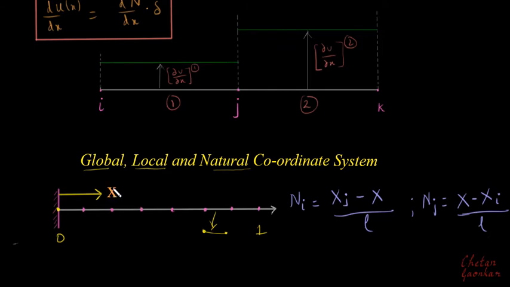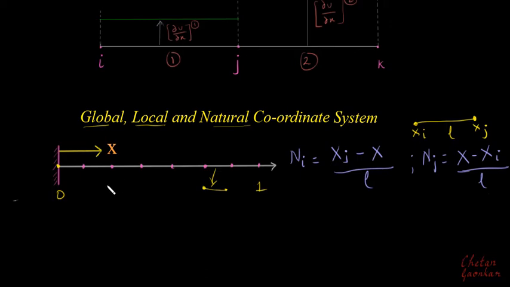And for the global coordinate system, the shape functions are given as follows, which we derived last time: ni will be xj minus capital X divided by xj minus xi, which comes to L. If I take this typical element from the entire domain and name the coordinates xi and xj, then the length is L, and xj minus xi will be L. Similarly nj we got as x minus xi by L, where x is any coordinate from the origin. This is what we derived for the global coordinate system.